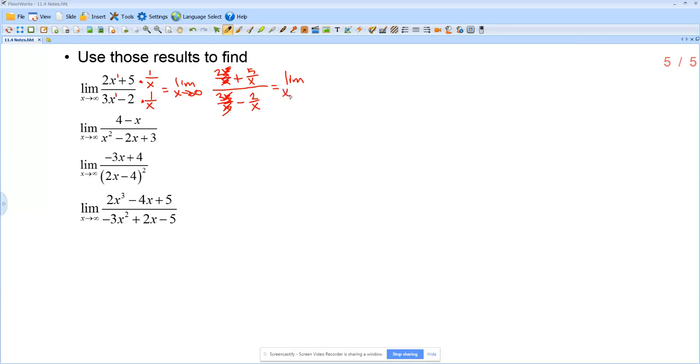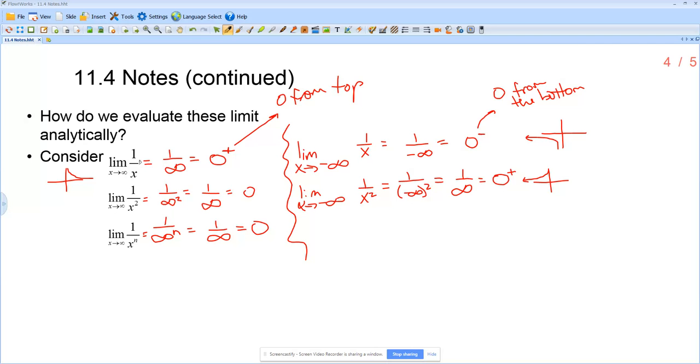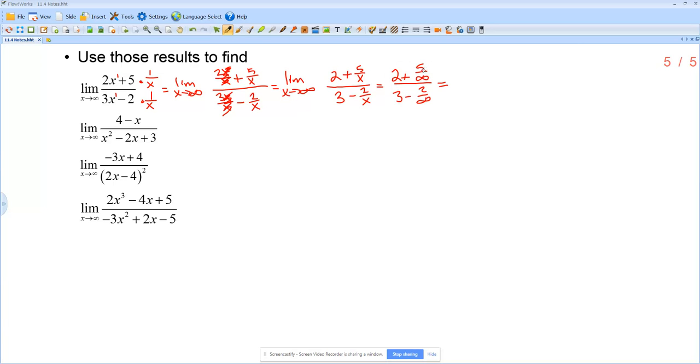So this becomes the limit as x approaches infinity of 2 plus 5 over x, over 3 minus 2 over x. And if I now evaluate this at infinity, I get 2 plus 5 over infinity over 3 minus 2 over infinity. Well, what is 5 over infinity? In the last slide, we talked about the fact that something like 1 over infinity is 0. And even though this is 5 times that, 5 times 0 is still 0. So this is really 2 plus 0 over 3 minus 0. So the limit here is 2/3.